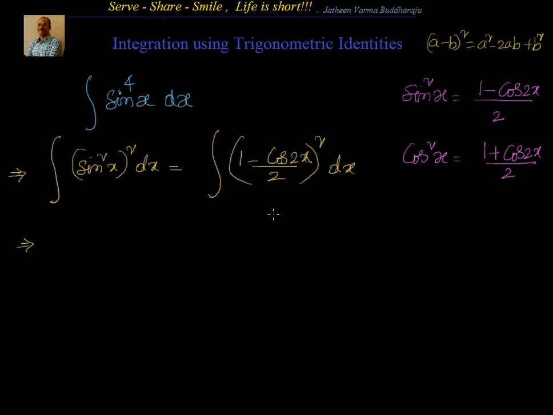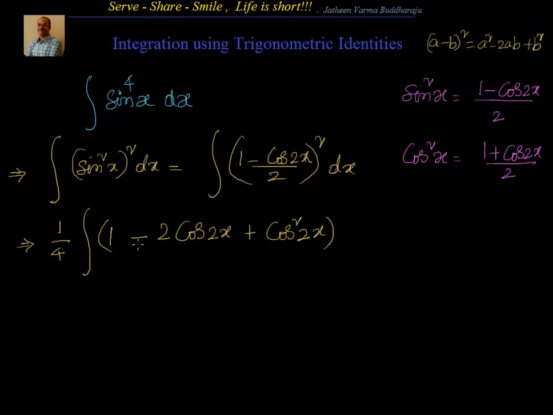So next step we will take 1 by 2 out, we will say 1 by 4, then the integral of (1 minus cos 2x) whole square: a square, minus 2ab, that is 2 cos 2x, plus b square, that's equal to cos square 2x.